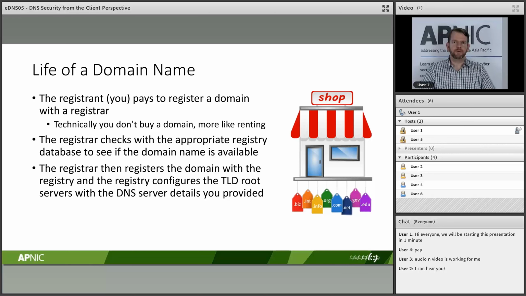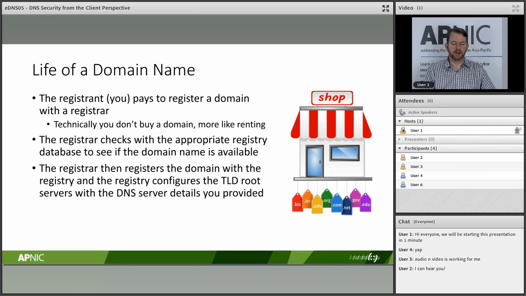Now, when you go to a registrar and you say you wish to register a domain name, the registrar will check with the appropriate registry databases to see if that domain name is available or if it's already taken.